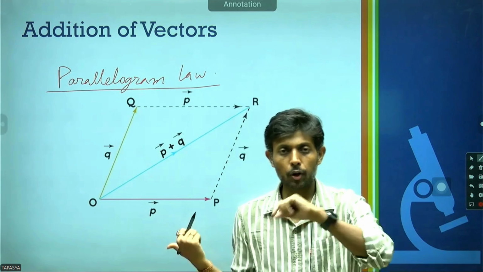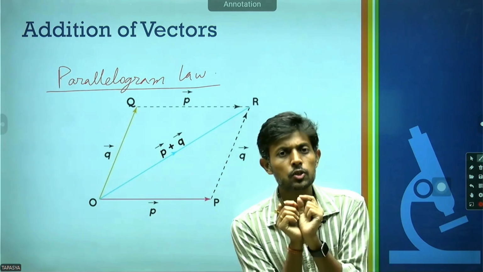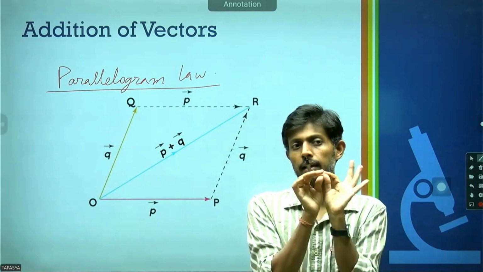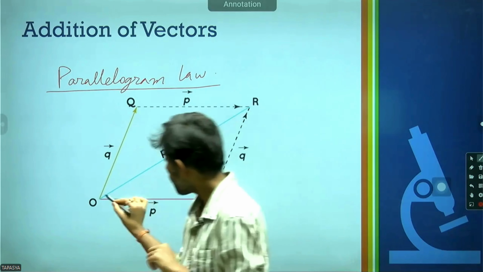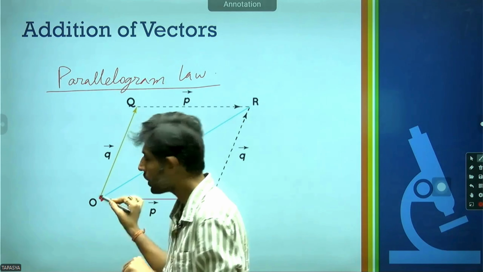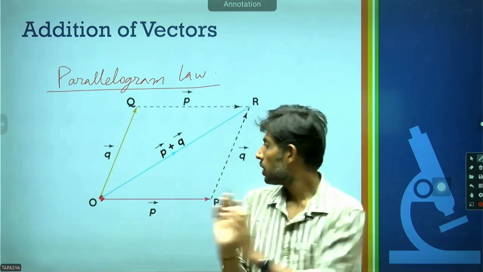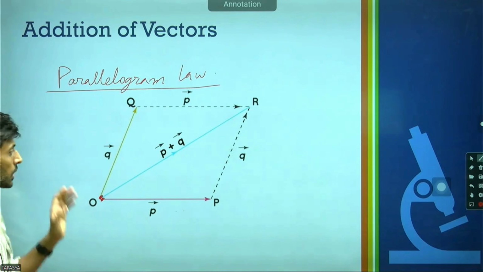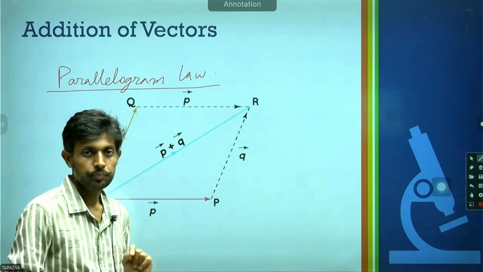In the parallelogram law, we rearrange the two vectors so that their tails coincide. The tails are joined at the same point, which is already the case here, right? Tail of the first vector, tail of the second vector already joined. So no rearrangement is necessary in this case.